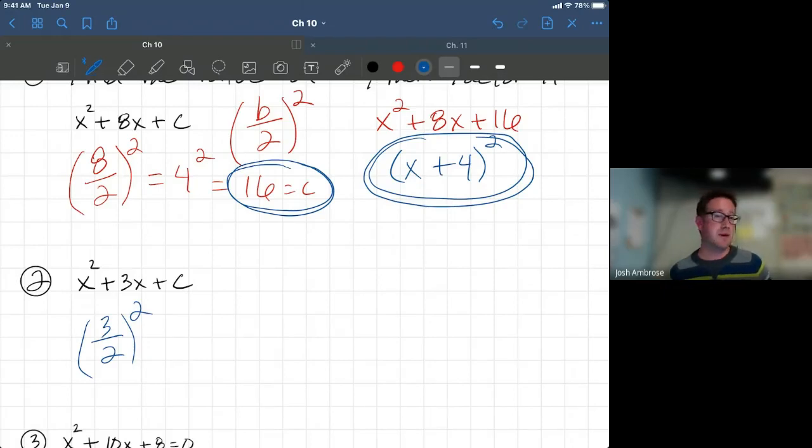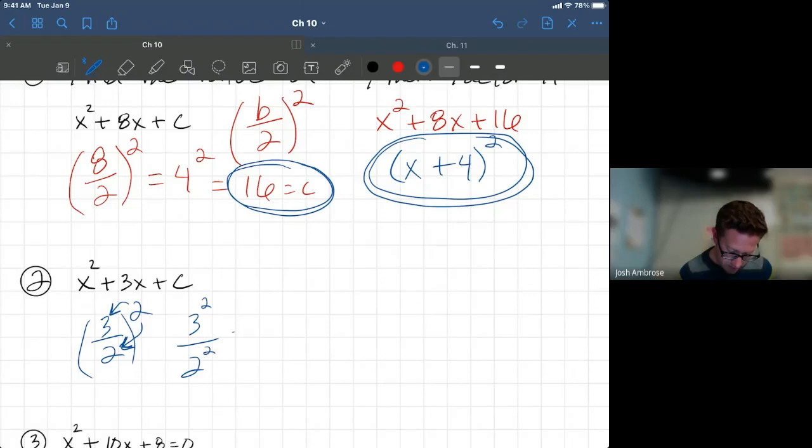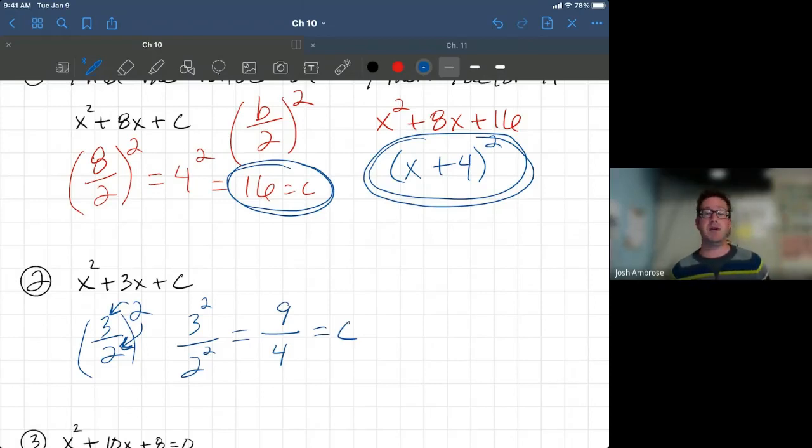It's not a perfect number, but we can still square it, and we can still make a perfect square trinomial. So that means that that 2 is going to go with both of these numbers. So this is how you should think of it. 3 squared over 2 squared equals 9 over 4. That is your brand new C value. Okay, you squared both parts of the fraction.